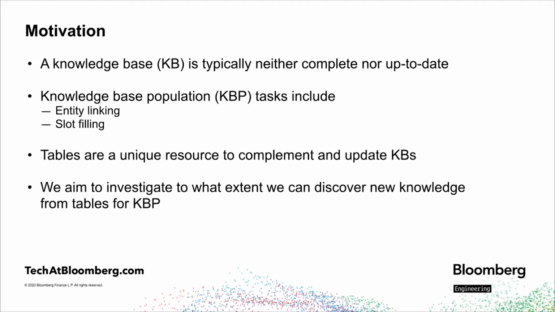There's also a line of work trying to discover new triples from web tables, because tables are a very unique resource to complete and update a knowledge base. So we keep the same direction. We aim to investigate to what extent we can discover new knowledge from tables for knowledge base population.